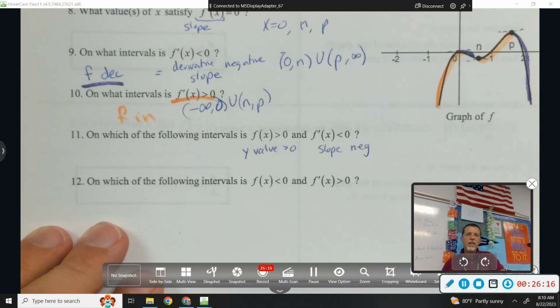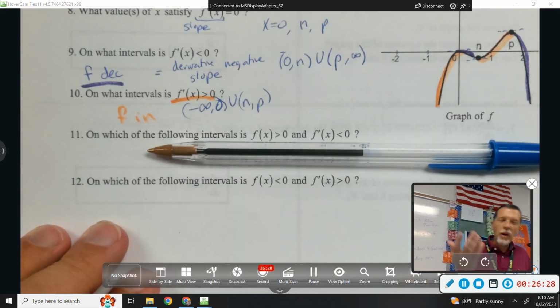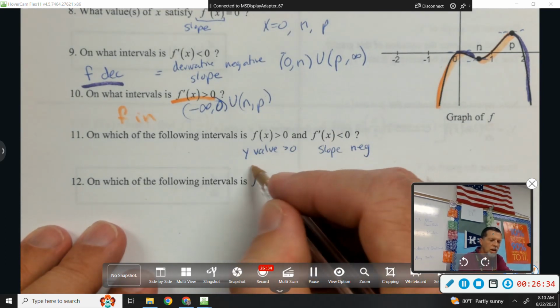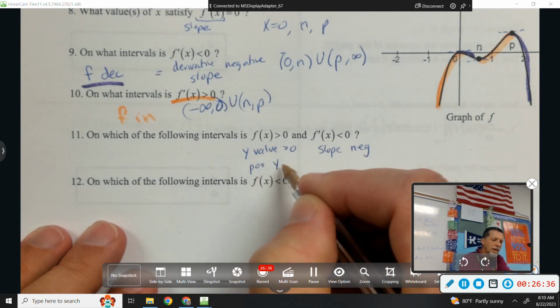It helps to process all that stuff out loud, because then that helps clarify what you're looking for. If all you do is read those, you're probably going to miss the problem, because that's too technical. But you start translating it into words. So I need a positive y and a negative slope.